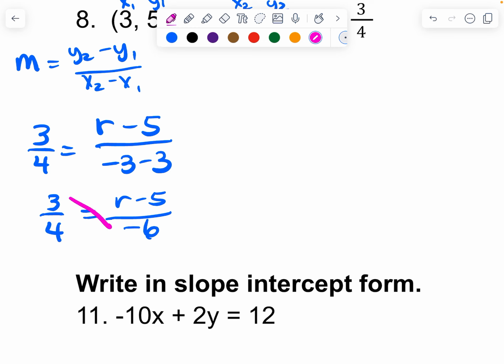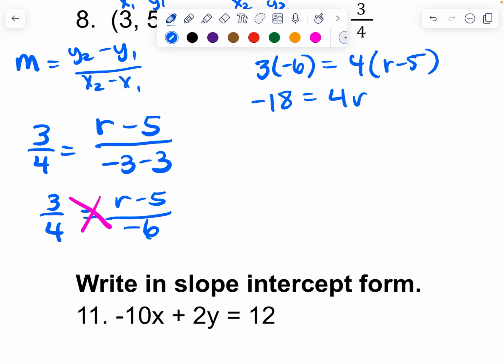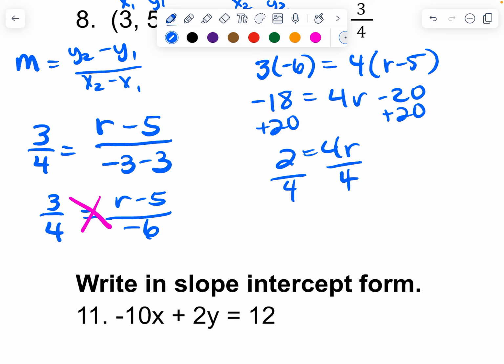Then I'm going to multiply across. I'm going to get 3 times negative 6 equals 4 times r minus 5. Negative 18 equals 4r minus 20. Add 20 to both sides. Get 2 is equal to 4r. Divide by 4 and get 1/2 is equal to r.